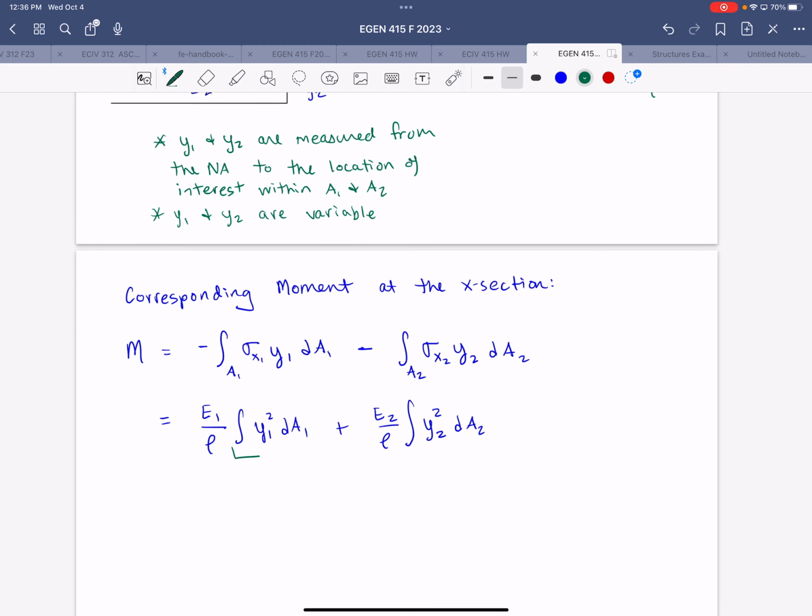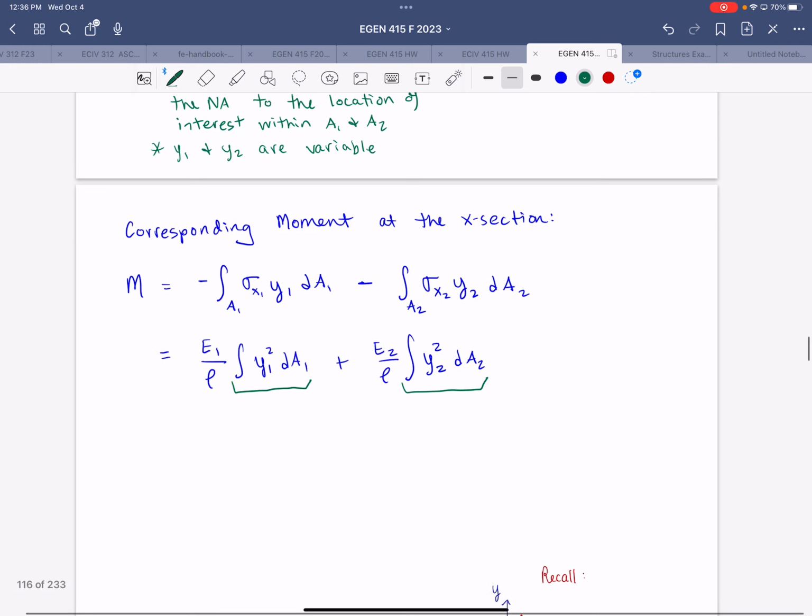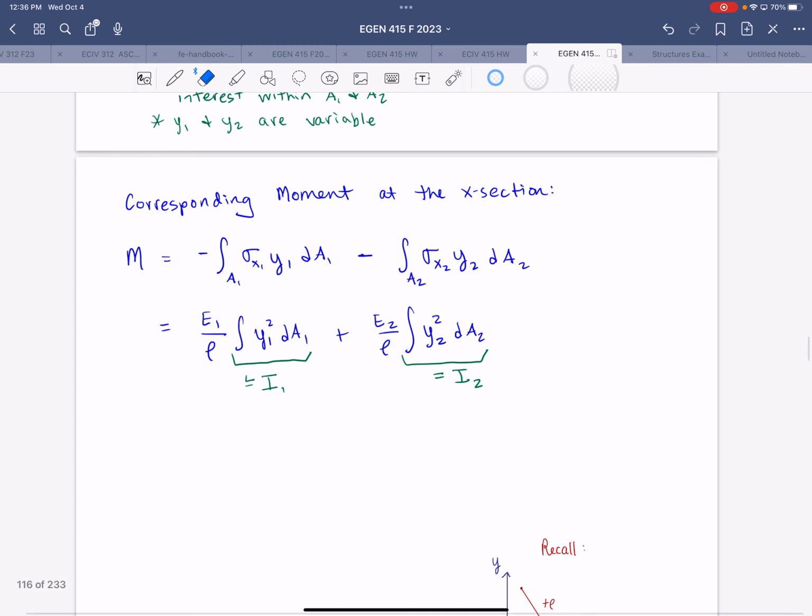And we already know that the integral term corresponds to moment of inertia. All right. So you still have to calculate moment of inertia for these problems, but you don't have to transform them, which is nice.